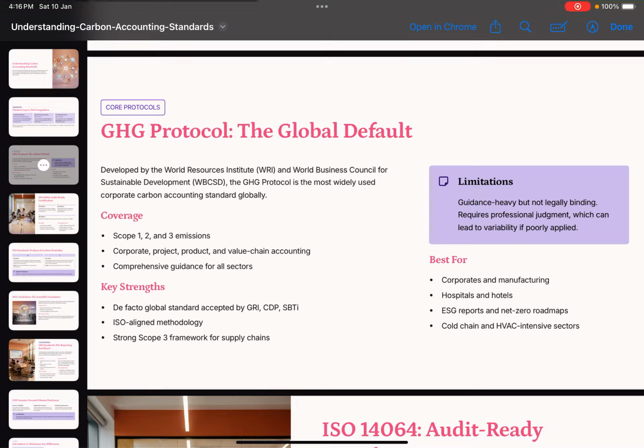It is best for corporates, manufacturing companies, hospitals and hotels. It maps well with ESG reports, and it focuses on the technical how-to for measuring emissions as well as defining scopes and ensuring accuracy, completeness, and transparency.